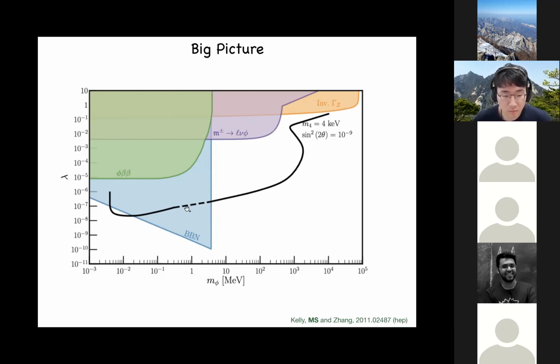We did not try to connect these two, so it's not fair to extrapolate this line and connect them. There is something more complicated going on out here, which needs a much more refined analysis, which we did not do, which is why we put this as a dashed line. You don't expect something drastic to happen out here, so it will probably be like this, but we did not really estimate this part.